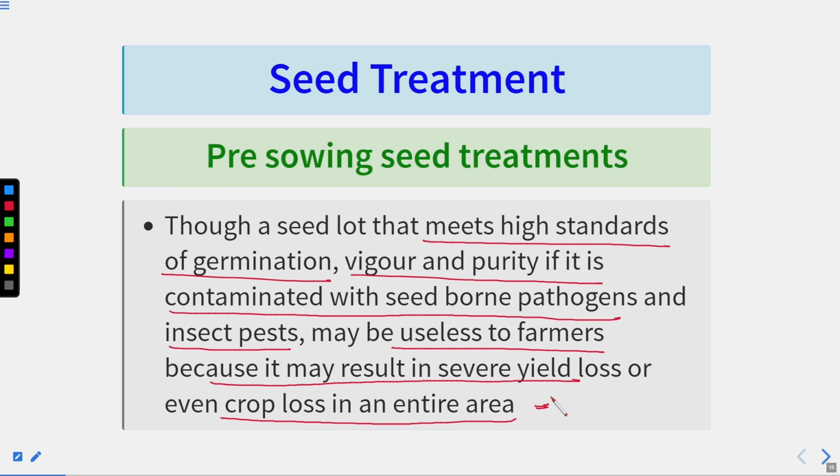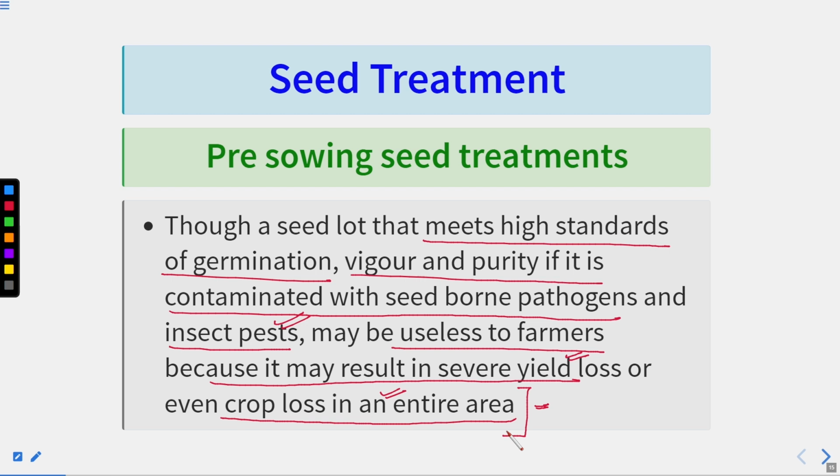Not only that, if this pathogen gets established once, it can infect other, healthy plants also. So this seed-borne pathogen and insect pest can reduce the productivity, and the farmers have to bear a severe yield loss that year, or even crop loss in an entire area.